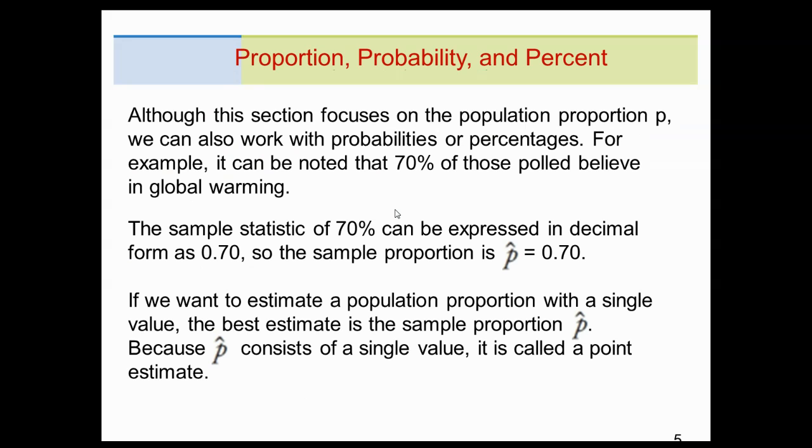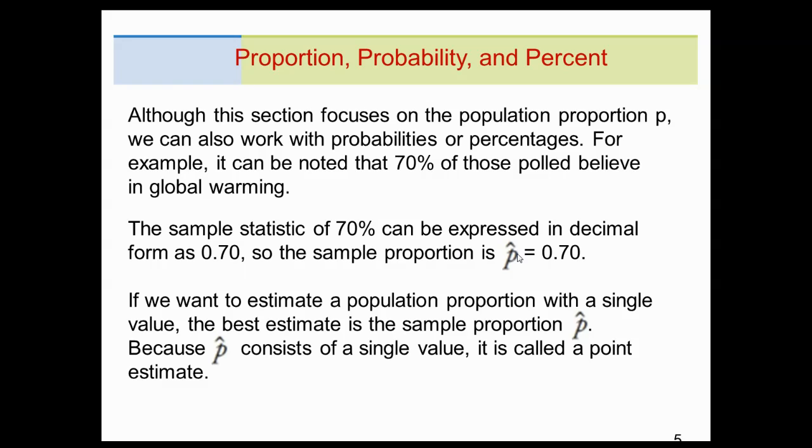So what does it mean to have a proportion, sample proportion, population proportion? Although the section focuses on the population proportion P, we can also work with probabilities and percentages. What they're saying is a proportion can be expressed as a probability or even a percentage. For example, if 70% of the people polled believe in global warming, this statistic 70% can be expressed as a decimal, 0.70.